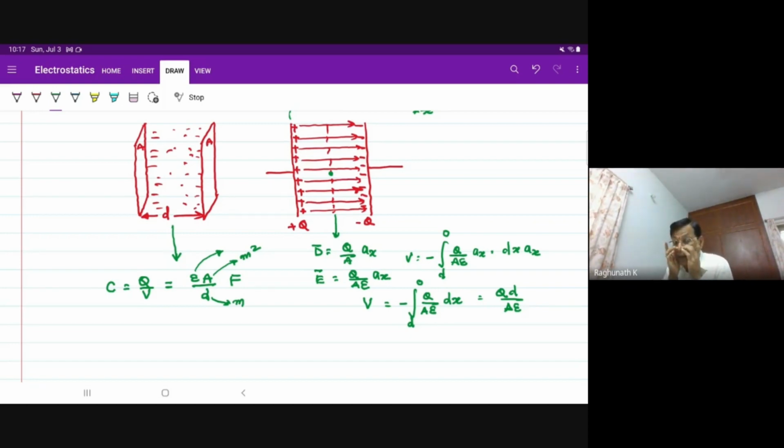One statement I want to repeat. If we have plus Q and minus Q on two parallel plates, irrespective of the distance between these two plates, the value of electric field intensity is Q by A epsilon.